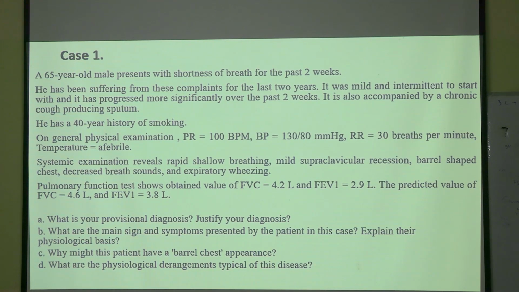Then, chronic cough producing sputum, barrel-shaped chest and decreased breath sound, okay? FEV1 value compared to FVC, is it more or less? Less than FVC. This is the obtained value, and the predicted value, see, here FVC is 4.6 and FEV1 is 3.8.